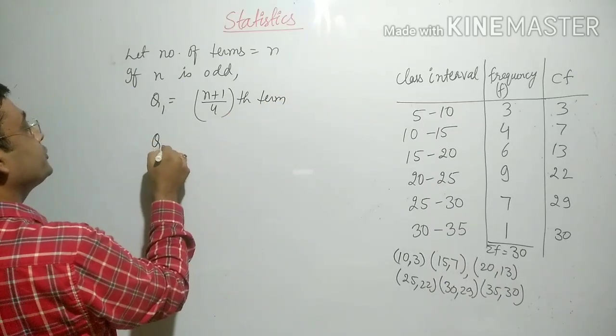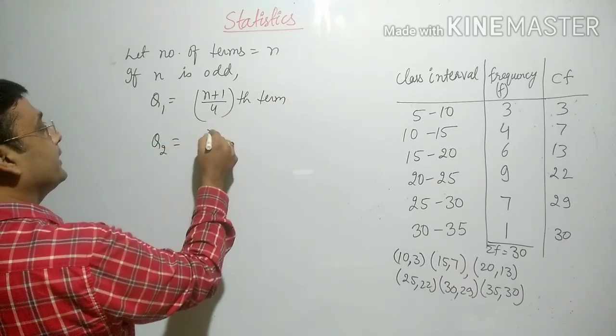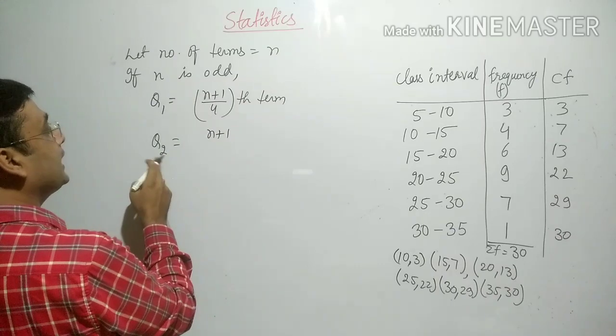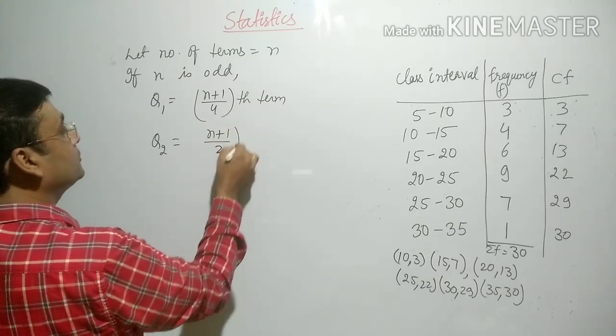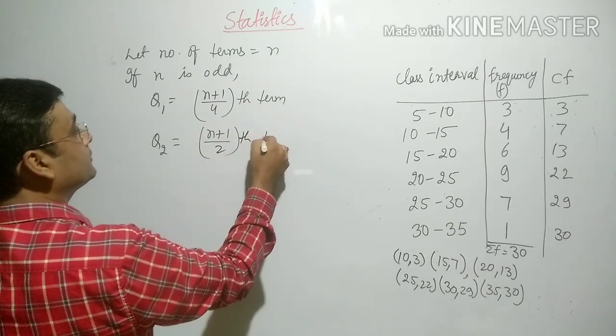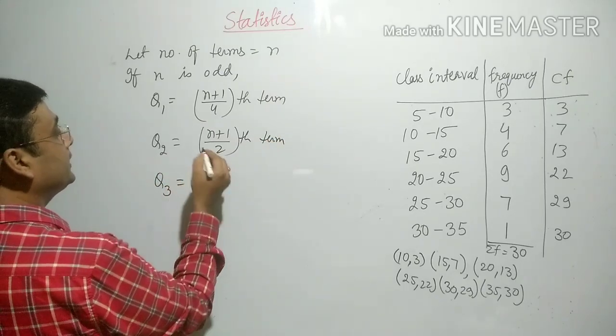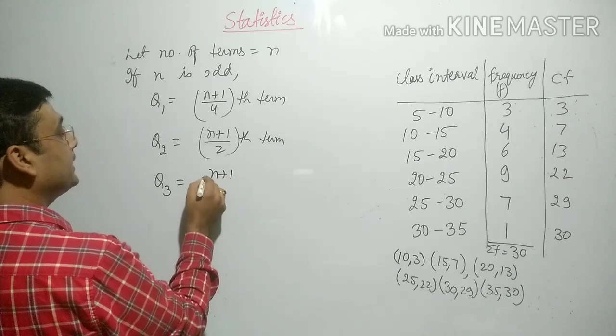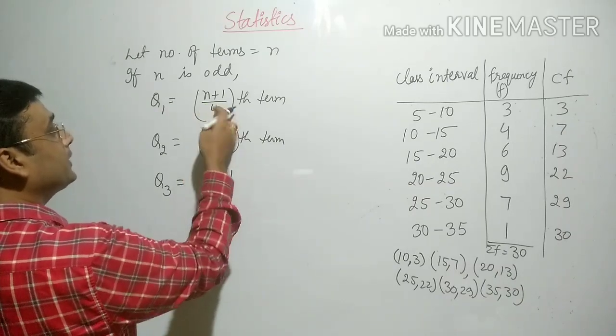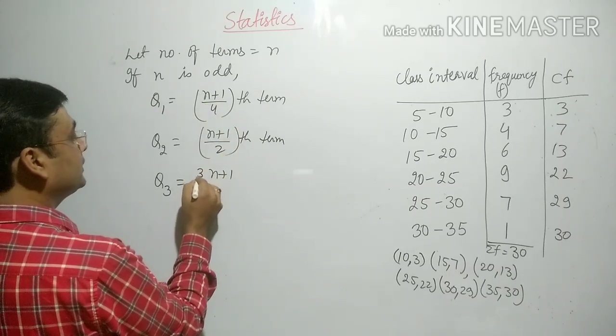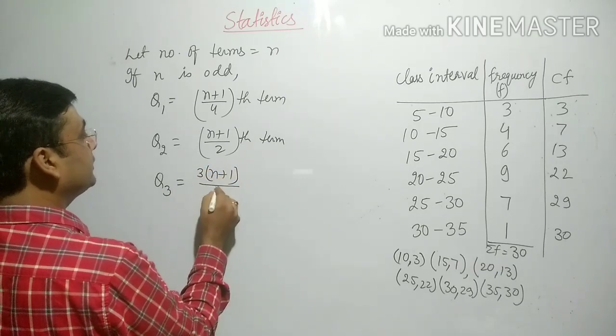Whenever you have to find Q2, then (n plus 1) divided by 2, the half part, th term. And whenever you have to find Q3, then (n plus 1) times 3/4, that is, the 3/4th term.